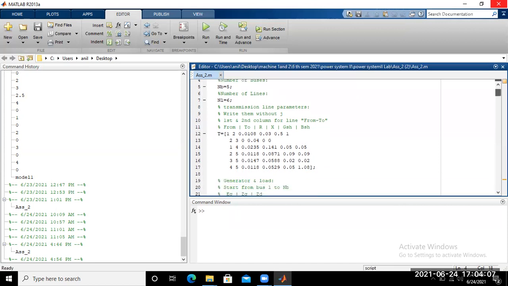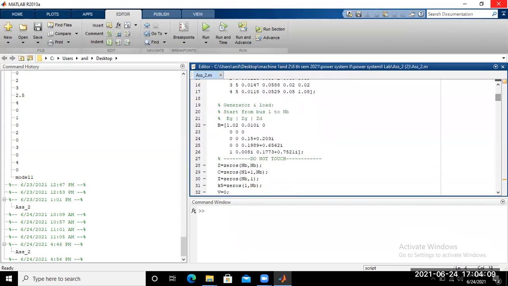Next, you consider the generator and load. We start similar to from bus 1 to number of bus, which is represented by P. So 1.02 generator bus impedance and 0.010 and 0.